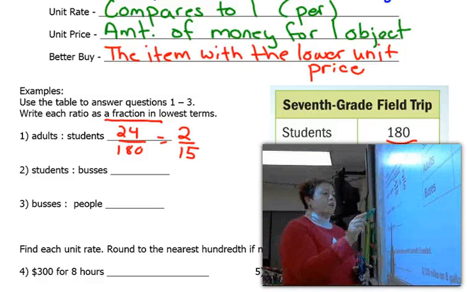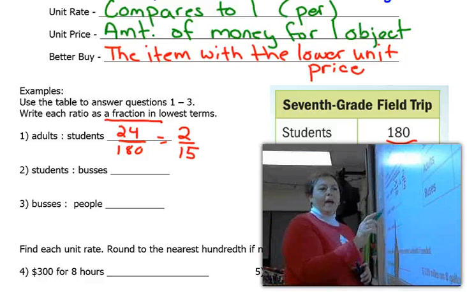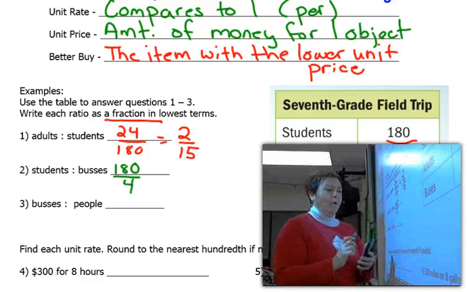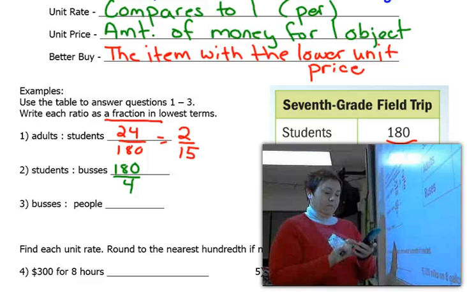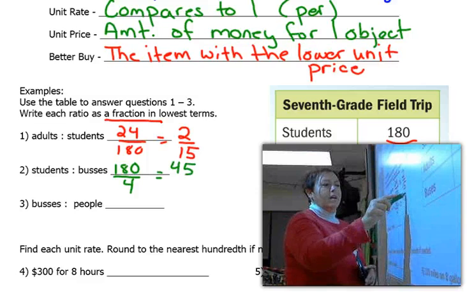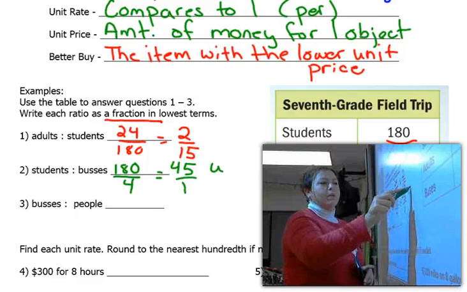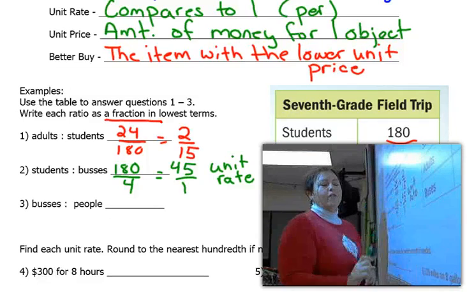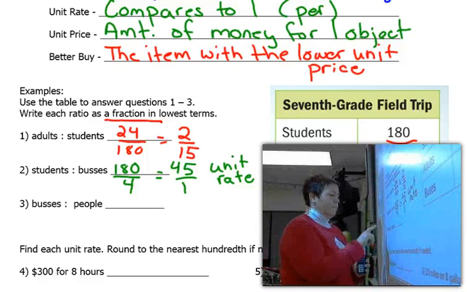That's the ratio. Students to buses, so again we have 180 students and we have 4 buses, which I believe is going to be 45 to 1. This is an example of a unit rate. It's telling me that there are 45 students on each bus.